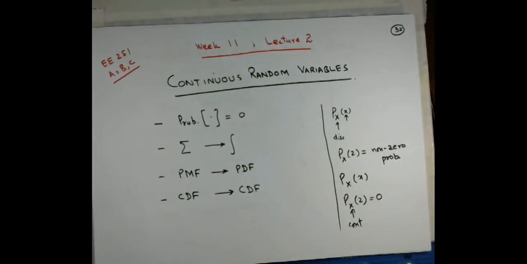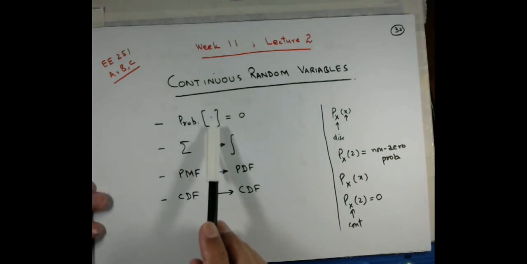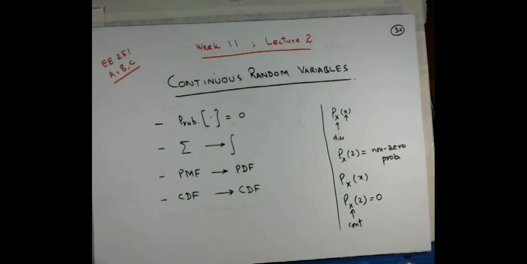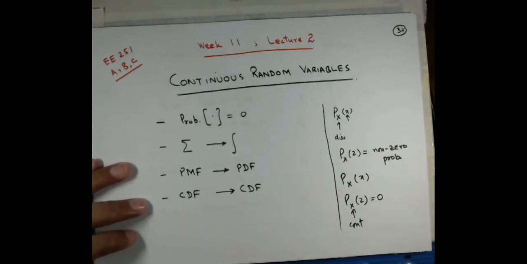Dear students, we started off with the basic understanding, basic concept of continuous random variables, and I gave you 4 important points to remember. The probability of a particular point in the probability distribution of a continuous random variable is always equal to 0. I elaborated on this concept later on.